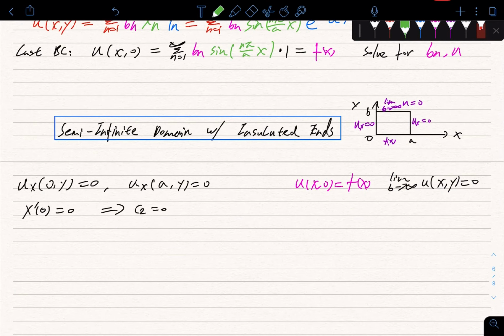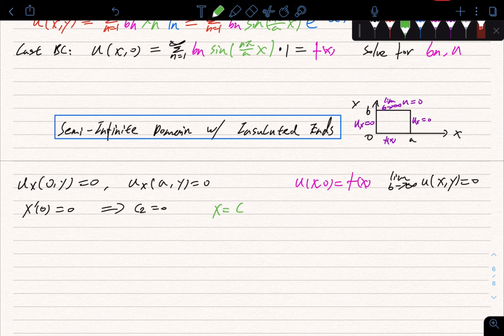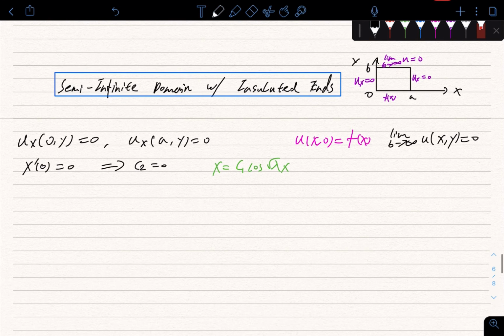So X equals c1 cosine of square root of lambda x. We differentiate that again. X prime equals negative square root of lambda c1 sine of square root of lambda x.